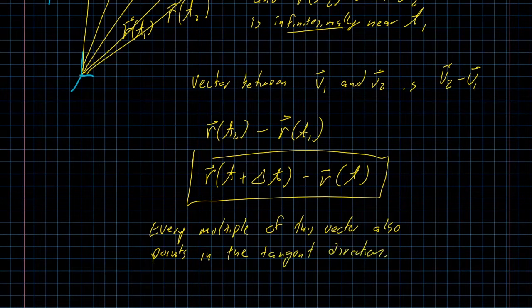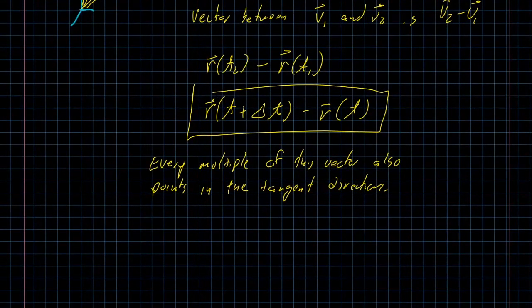And for reasons that I think everyone is catching, following along, the convenient multiple of this that I want to think about is the 1 over delta t multiple of r of t plus delta t minus r of t.